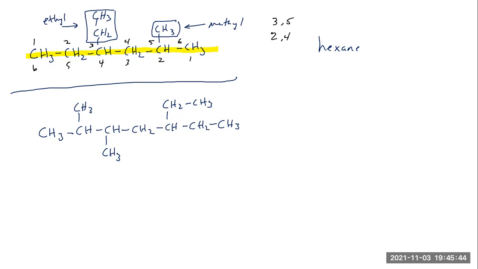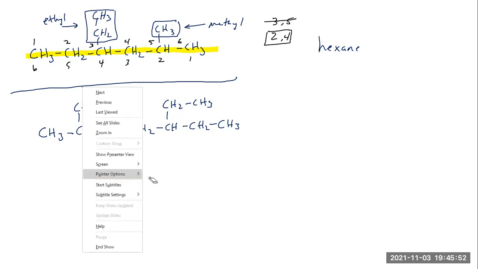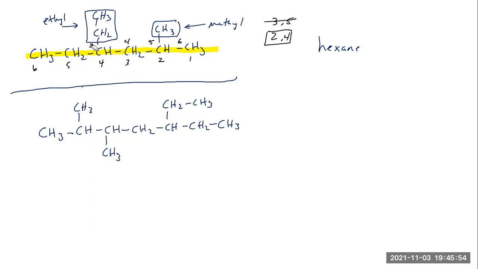And that 2 and 4 is a smaller number than the 3 and the 5, so we would want to number this going in the right to left direction. Any questions on that so far?